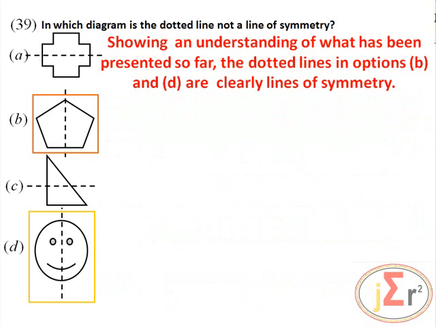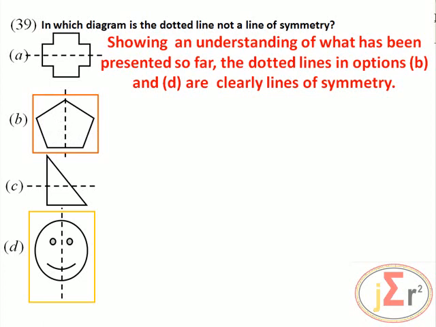Because first of all, this line divides the object into two halves. Secondly, if we take one half and we flip it over like the page of a book, then the other half will be generated in such a way that the entire object will be formed.